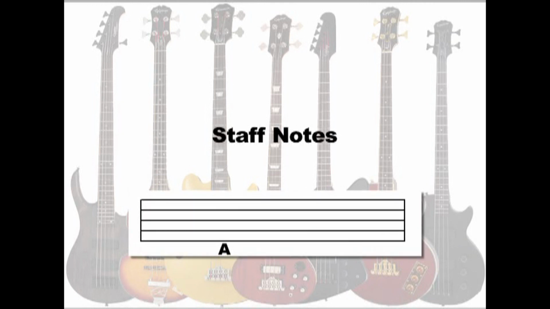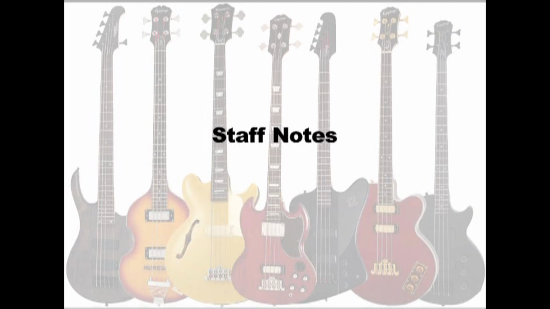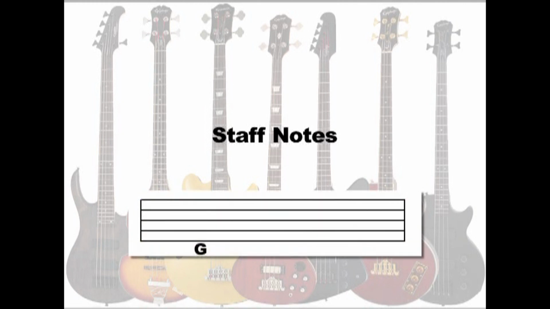They are A, B, C, D, E, F, and G. After the G note, the alphabet starts over with A. This also works in reverse if you are playing or writing the notes backwards. G, F, E, D, C, B, A, G, F, and so on.